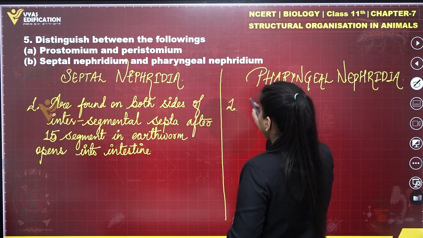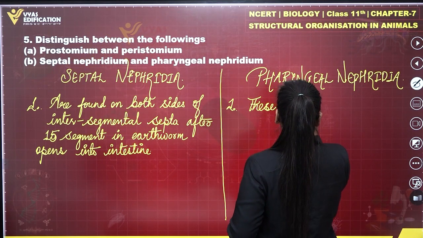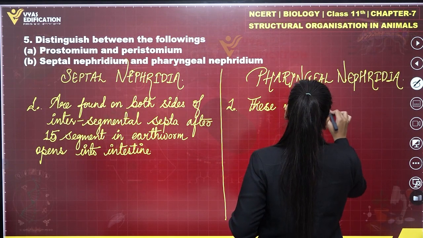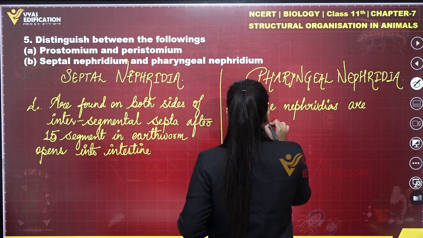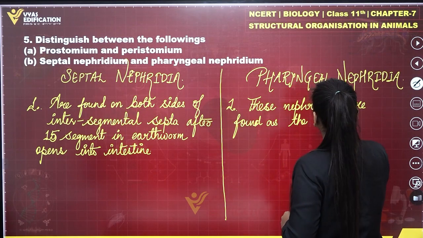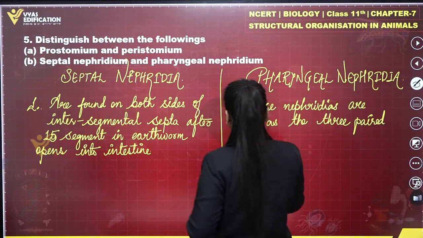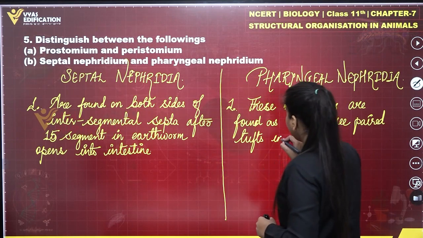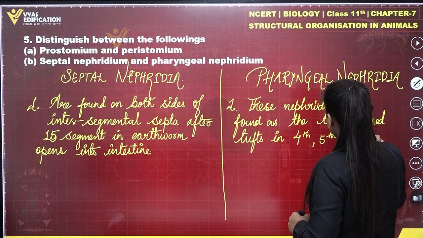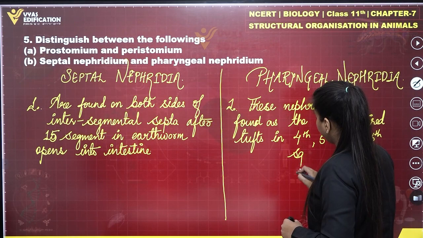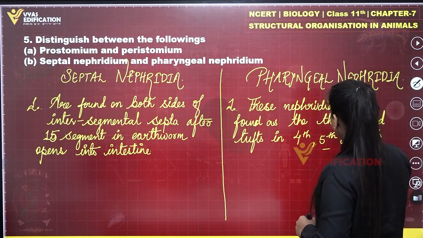So we write that these nephridia are found as three paired tufts in the fourth, fifth and sixth segments.